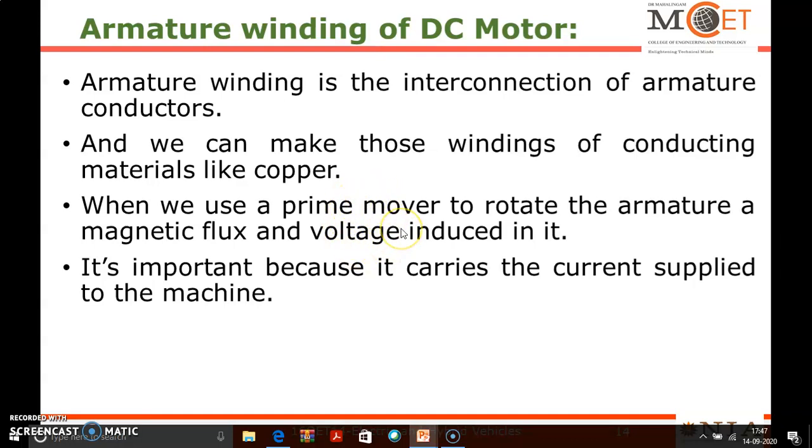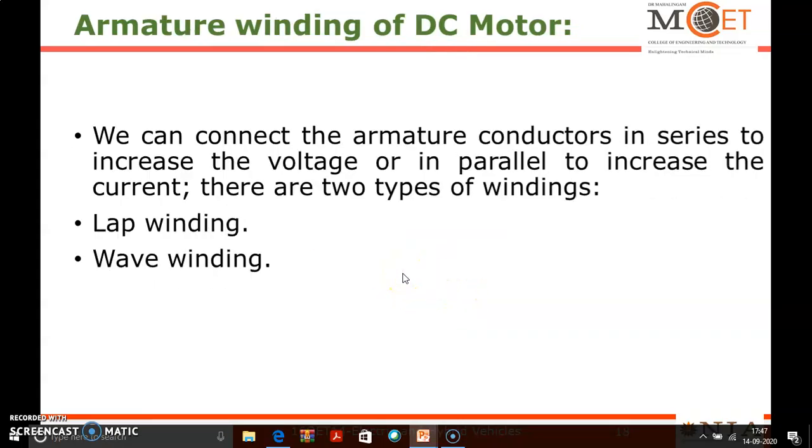field windings. So it is a current carrying conductor, the armature winding, which is placed in the magnetic field produced by the field windings. Next, the armature winding or armature conductor can be connected in series in order to increase the voltage.